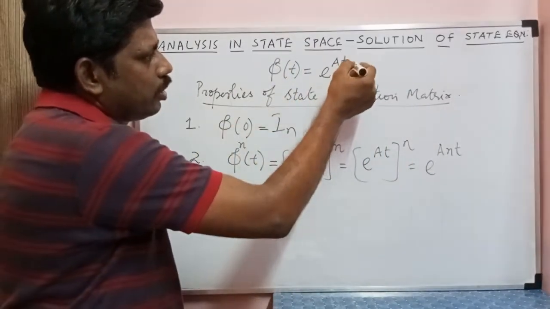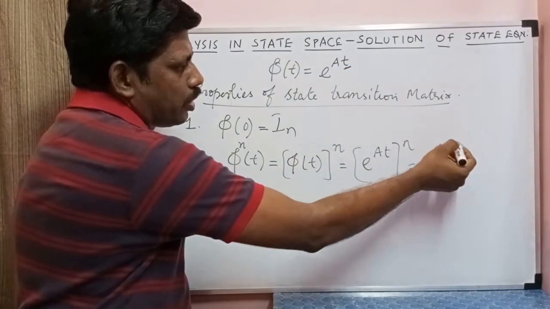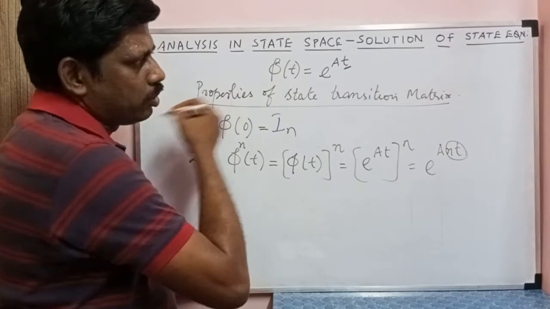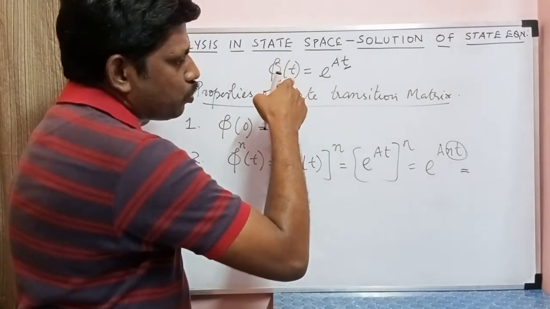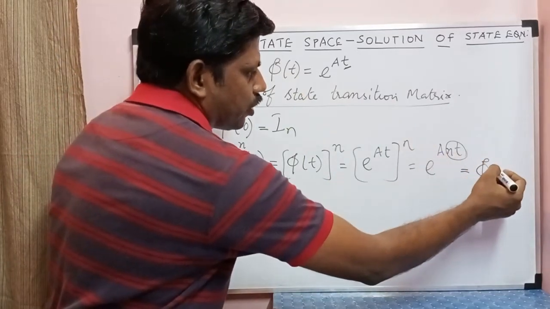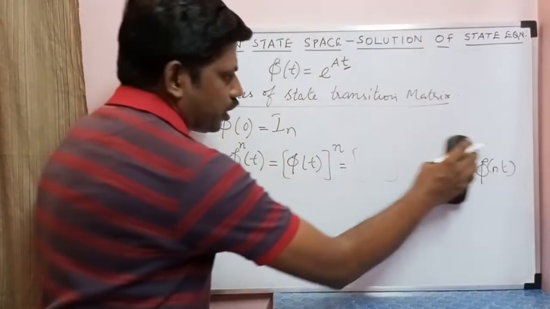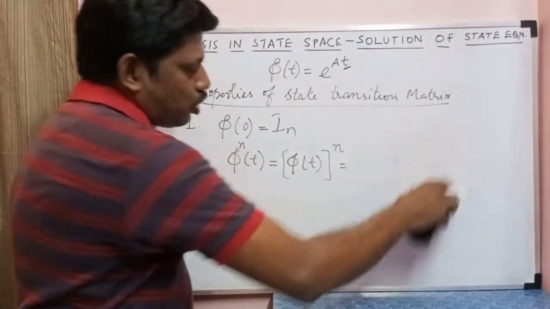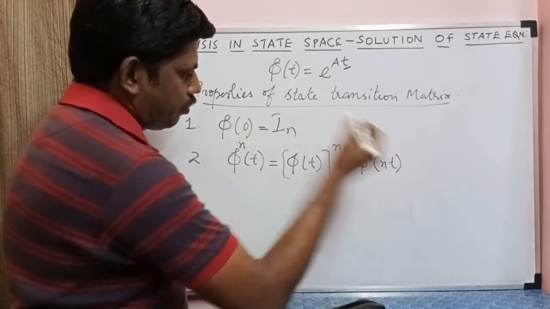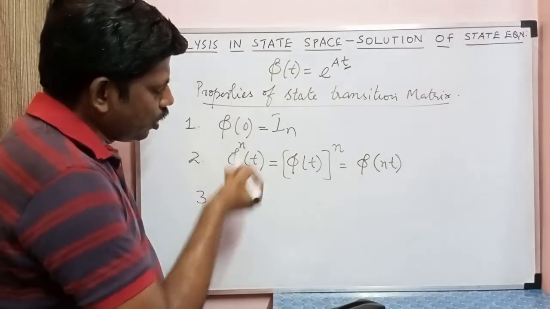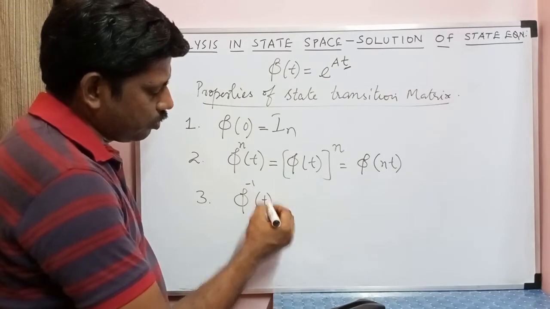Please note, when I compare these two terms, here t is replaced by nt. That's all. So instead of t I have to put nt, and I can write it as phi of nt. So that is the next property, phi of nt. The third property is, what is going to be the inverse of phi of t?